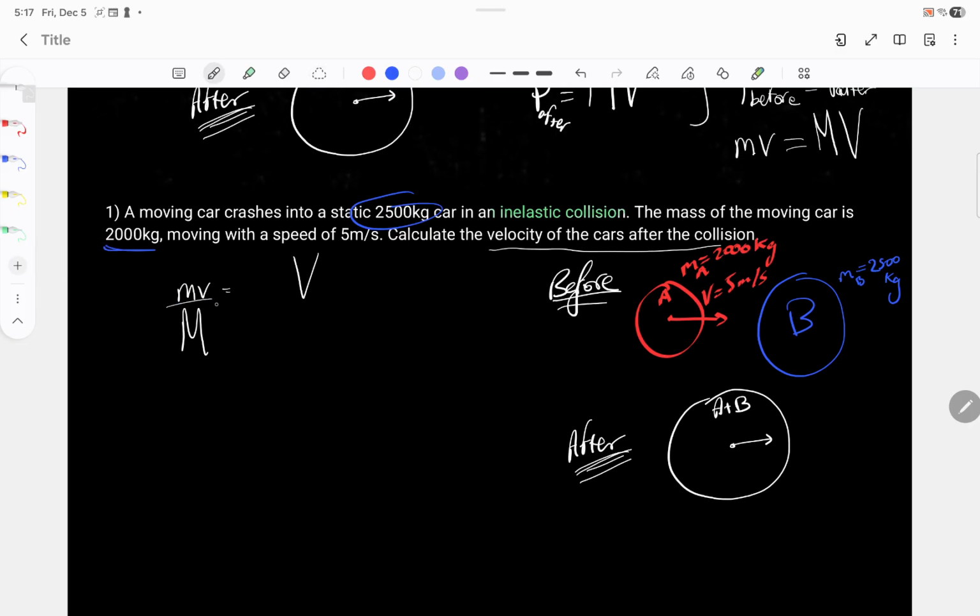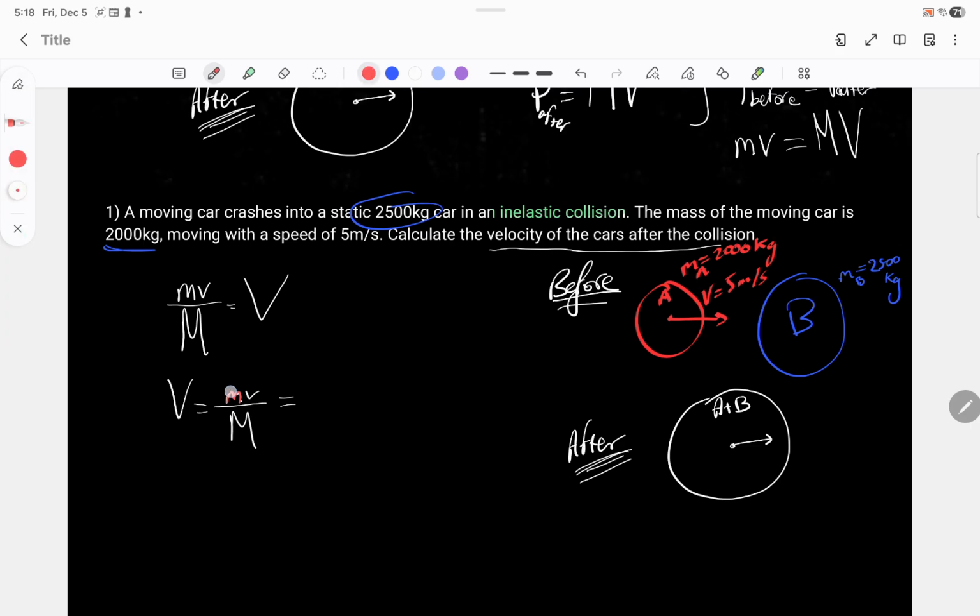And we're going to have this wonderful formula that says that the velocity, that big V, is equal to mv over capital M. So now we can start plugging in the numbers. So capital V is equal to mv over big M. So what is small m? This is when it's very important to remember your definitions.